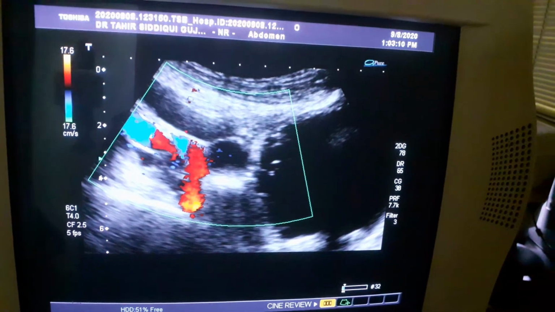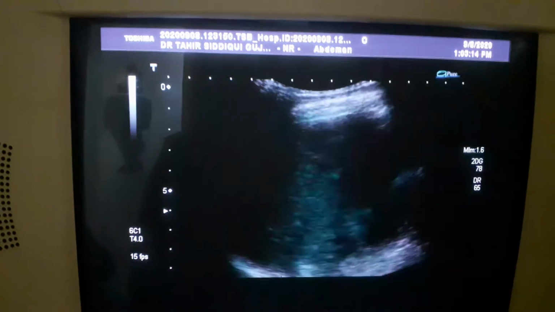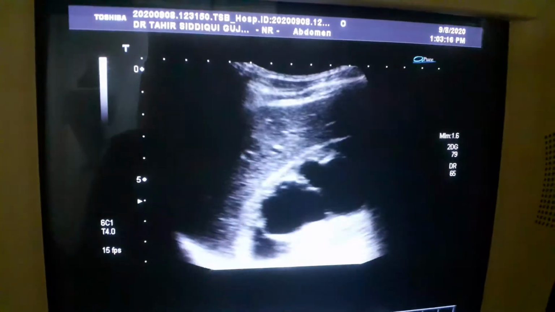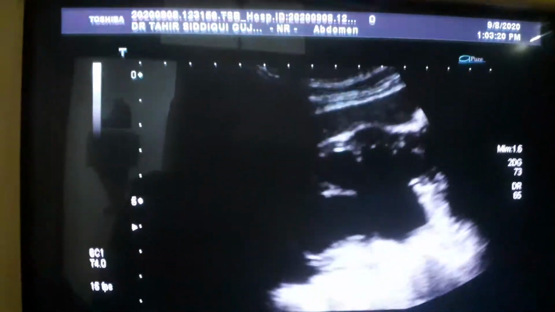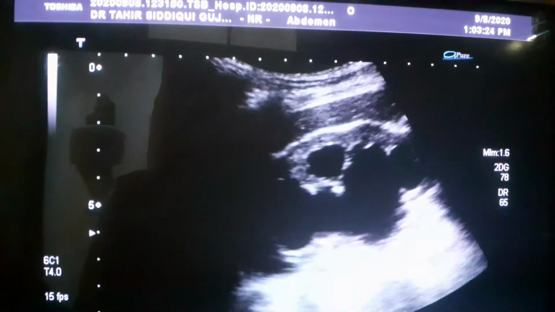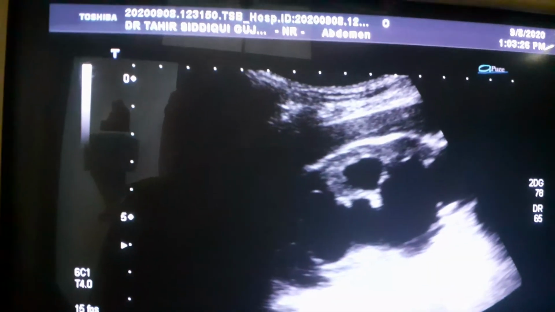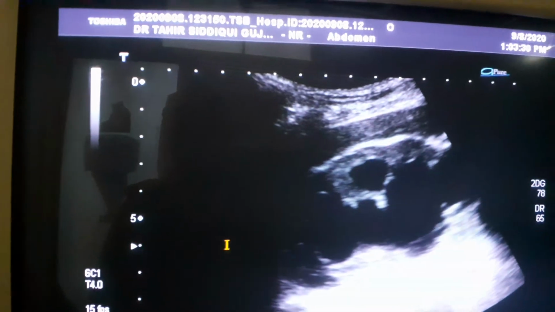Now this has led to what? Another finding. This thing has led to this. This is the kidney, the right kidney. It's almost moderate hydronephrosis.